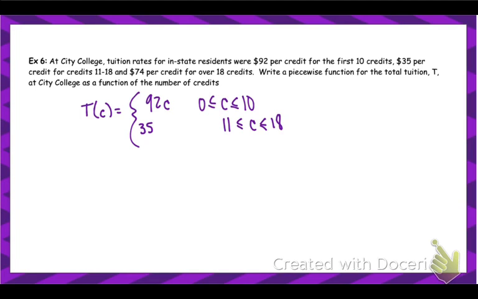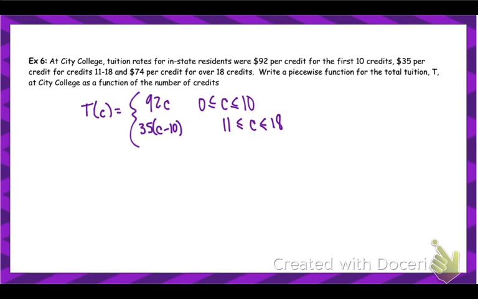But be careful here. I can't just say 35C. Because if I did 35C and there's 11 credits, that's saying all 11 credits are $35. That's not the case. The first 10 cost us $92. So this is only 35 times the credits over 10.